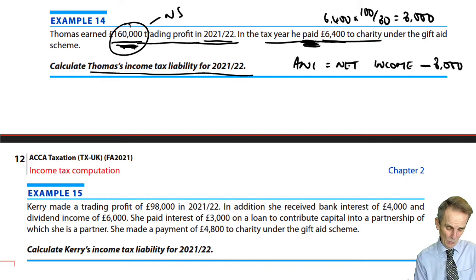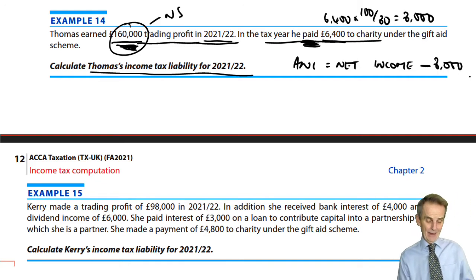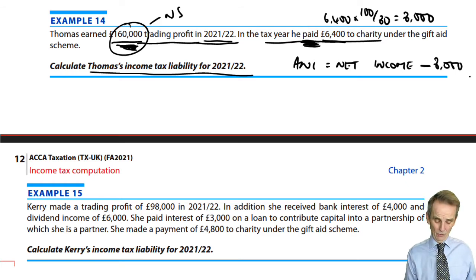Now that will still be 160 minus 8 is £152,000. Now 152, remember in the context of your personal allowance, as on your rates and allowances page given to you in the exam, if your adjusted net income exceeds £125,140, there will be no personal allowance. And that is clearly the case here.